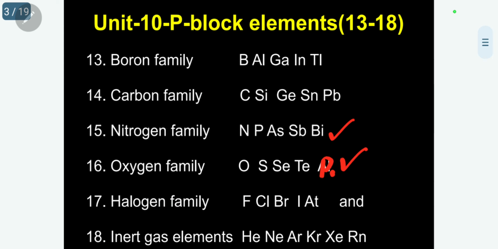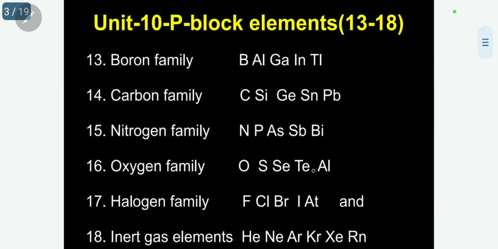And 18th group, inert gas elements: helium, neon, argon, krypton, xenon, and radon. These are the P block elements.